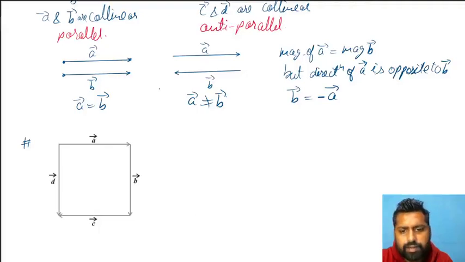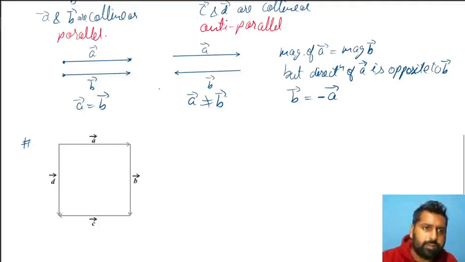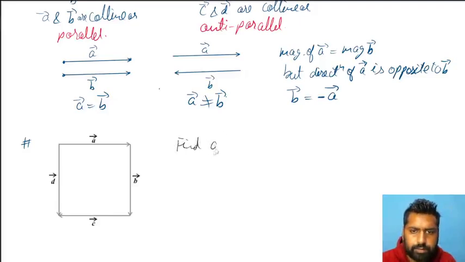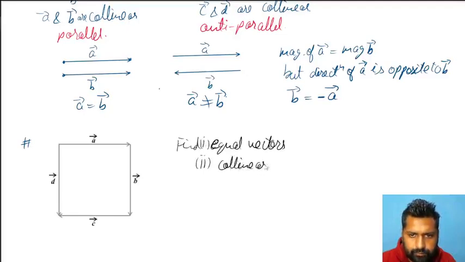You have to identify co-initial, equal and collinear but not equal vectors. So you have to find equal vectors. Second, you have to find collinear vectors.